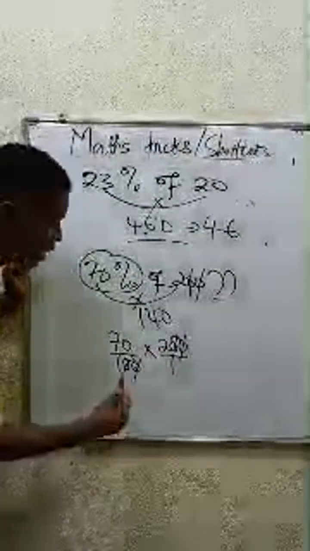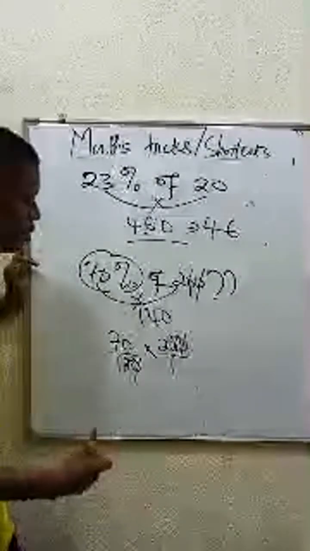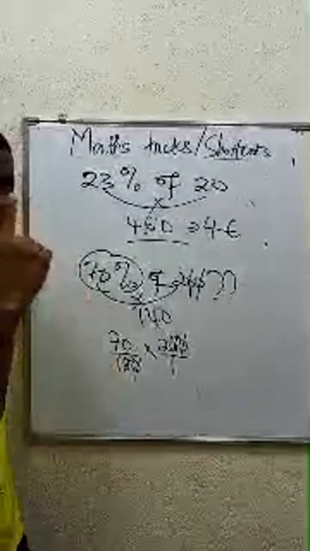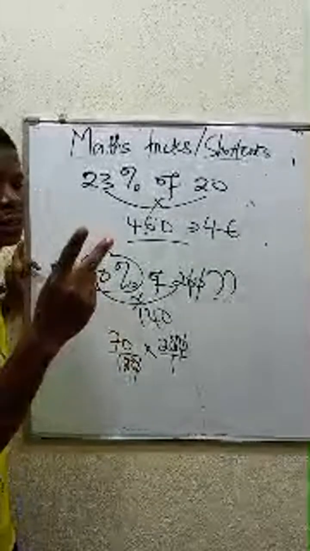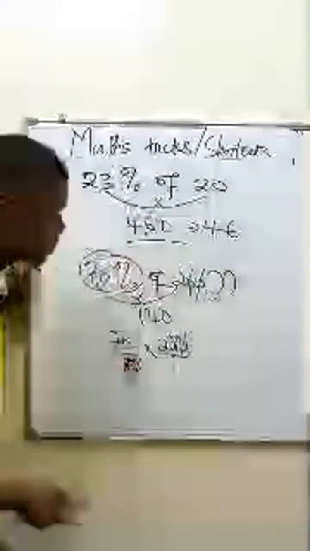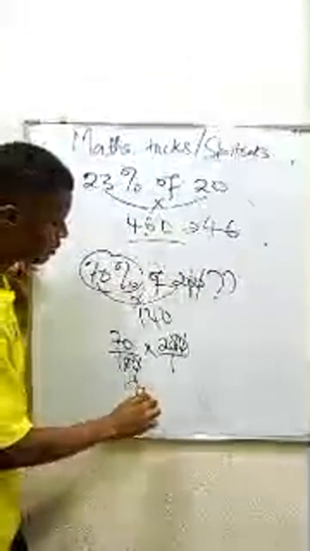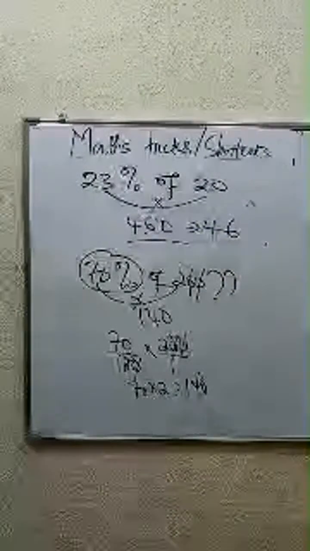You actually divided by 100 because you cancelled out two zeros. If you cancel out once, you divide by 10, twice you divide by 100, three times 1,000, four times 10,000, and so on. So you have 7 times 2, which is 14, still 140. So the method is very efficient as it helps us to solve problems.